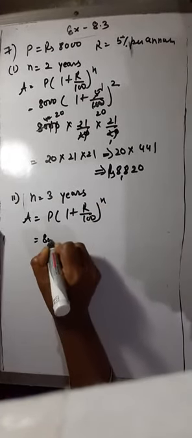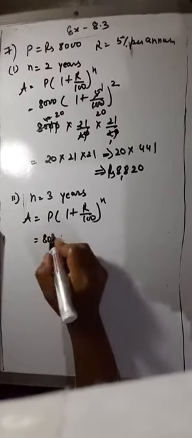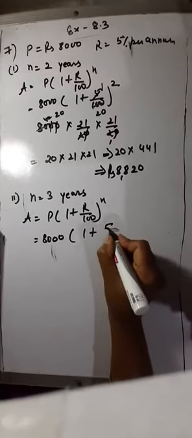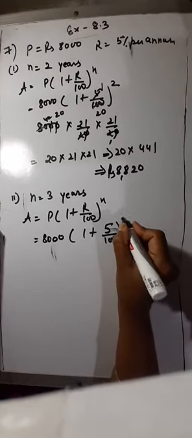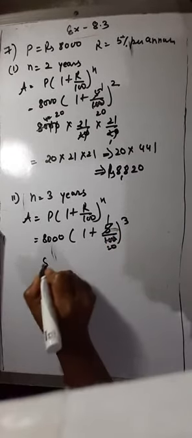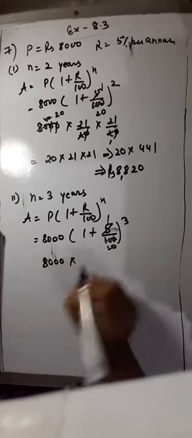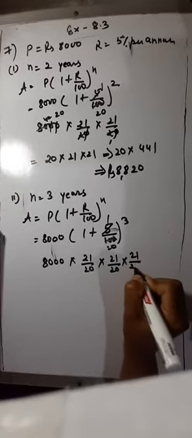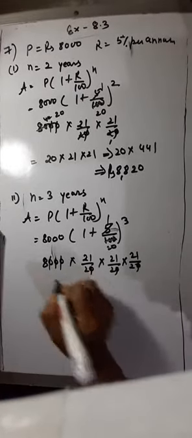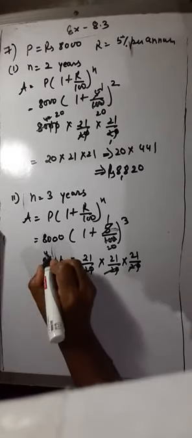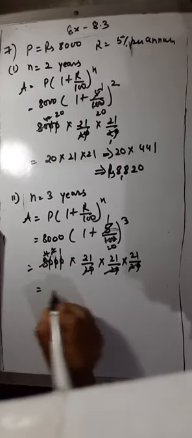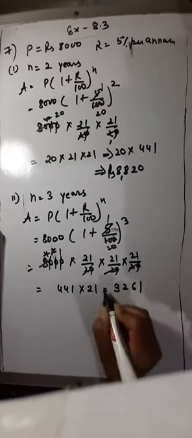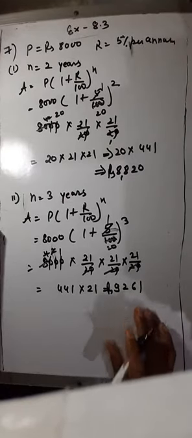Principal amount is 8,000, (1 + rate of interest is 5 upon 100)^3. 5 20s are 100, then 8,000 into 21 by 20 into 21 by 20 into 21 by 20. We cancel zeros. That means multiply 441 into 21. We get 9,261 rupees.